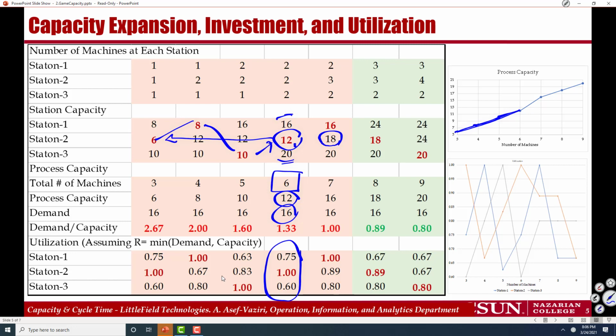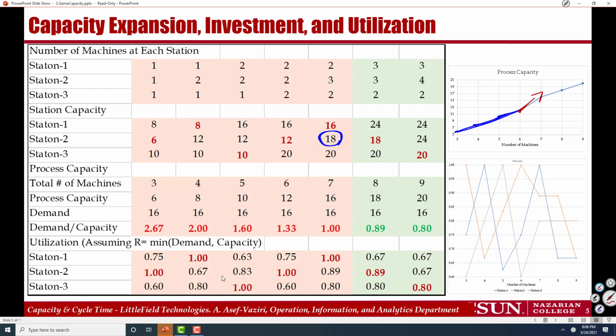We buy another machine for this station. At this step, the nature of the system is such that we jump 4 units from 12 to 16. Very good investment. Capacity of the process is 16.